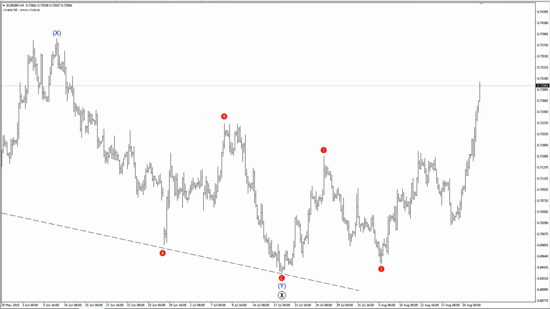The wave structure is still quite slightly unclear. I have labeled minute waves 1 and 2 of this upwards move, but I'm slightly hesitant to label this latest.